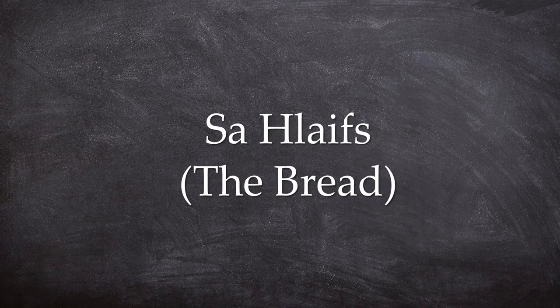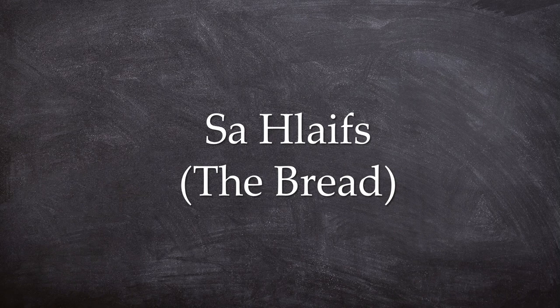So let's put in the word chlefs, which means bread. Oh, and I also put the article next to the word, so you can know the gender of the word. Chlefs is a masculine a-stem noun, as you can tell by the masculine article, sa chlefs.